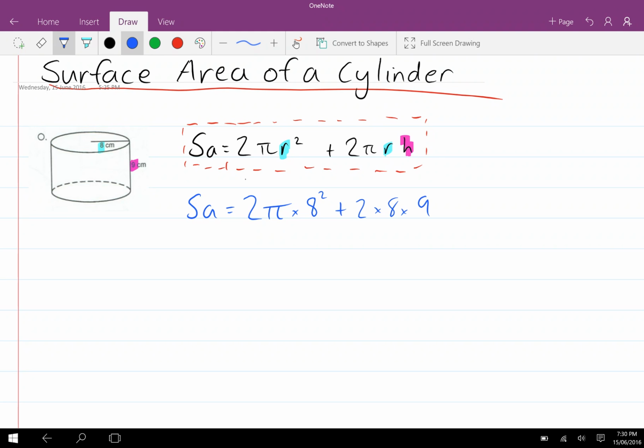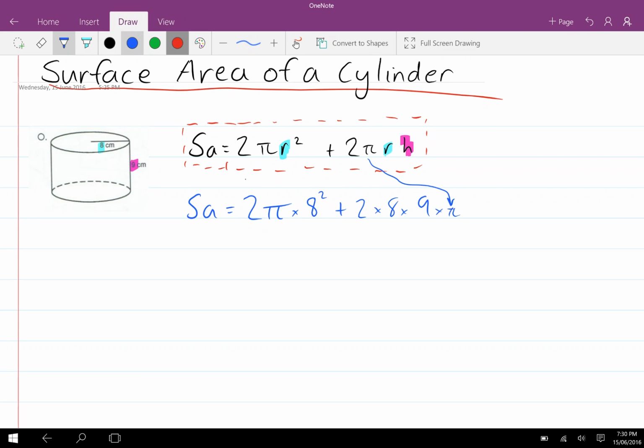Oh, no, I forgot the pi. I'll put it on the end. That pi just went there because I forgot to write it in. Okay, cool. So now we've got our formula and can start to do our calculation.